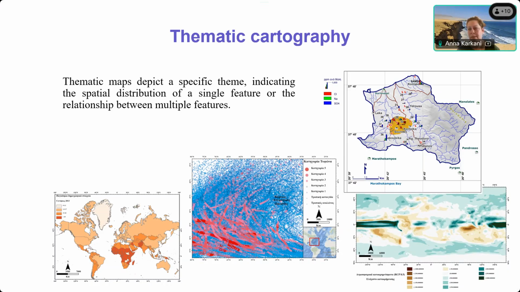Basically, through thematic cartography, we try to use information that exists in a database in our layers, in different layers, and we try to geographically represent some properties of that database. Of course, we can create thematic maps even if we have points, lines, or polygons.